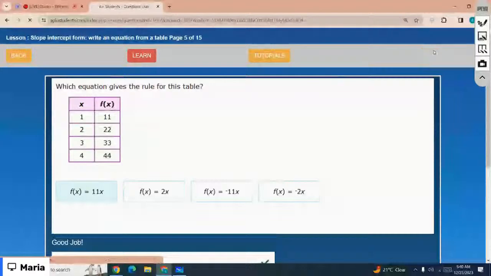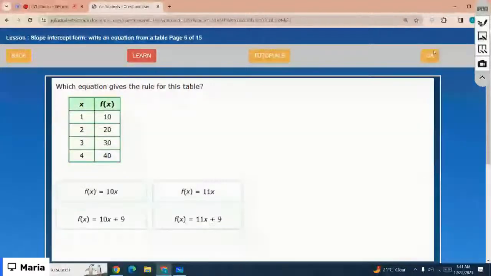Next one is which equation gives the rule for the table?